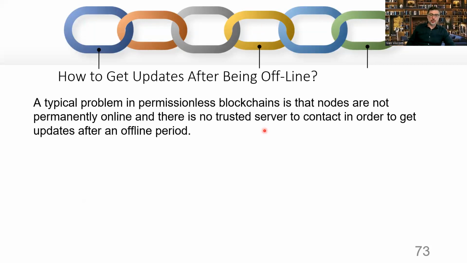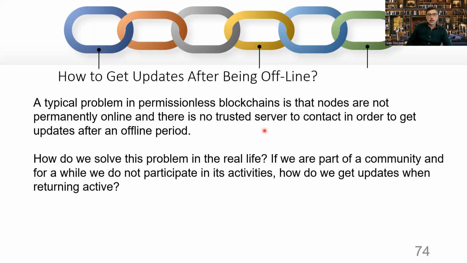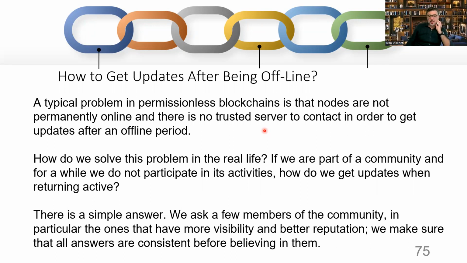How does it work, right? You ask somebody. And whom? You should ask people that were part of the system, because they know what happened, right? We ask a few members of the community. And if many people were there, how do you pick the ones you ask?